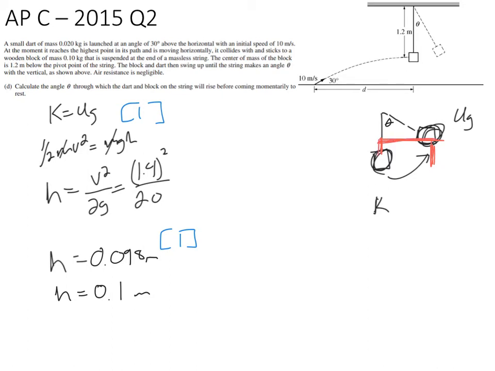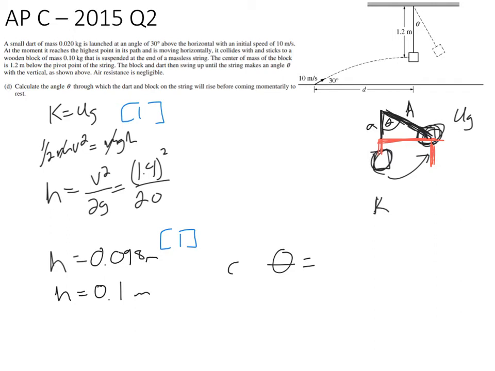Now that I draw it like this, maybe you can see what I'm probably going to be doing. In order to find this angle, I need to know what this is and what this is.